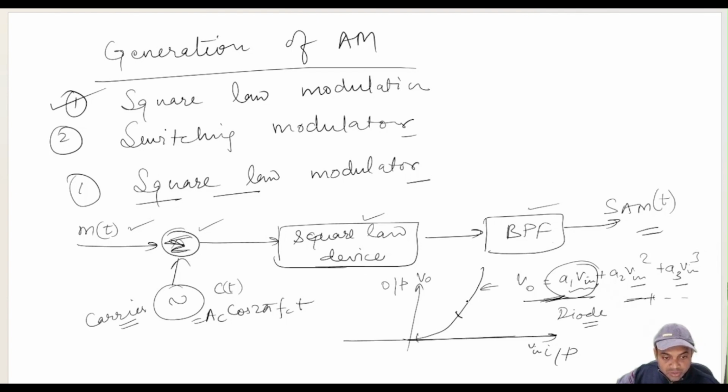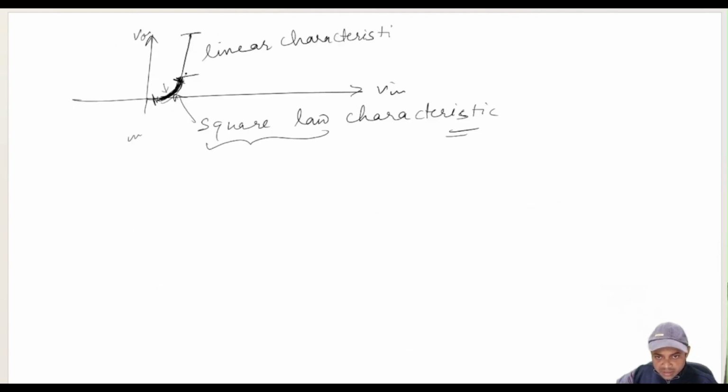If we are using a diode, this is the linear characteristic. We are not interested in the linear characteristic, we are interested in the square law characteristic. I hope it is clear. Then what will be the output? For the diode circuit, I am talking about only this one.